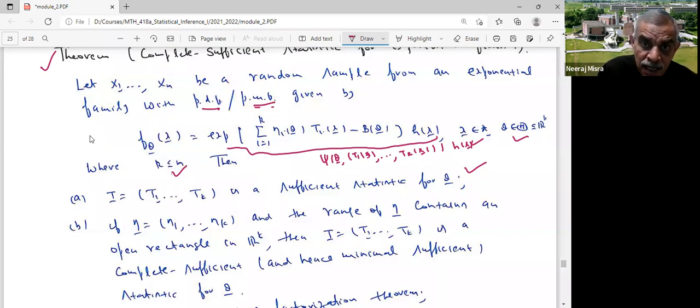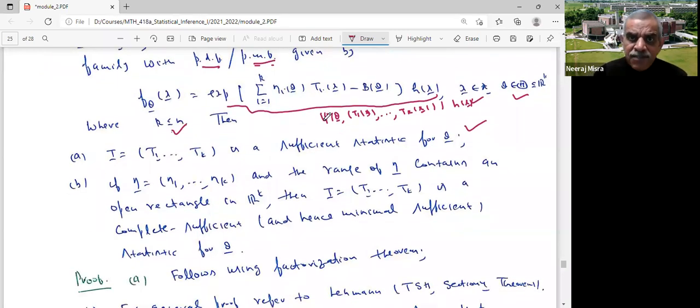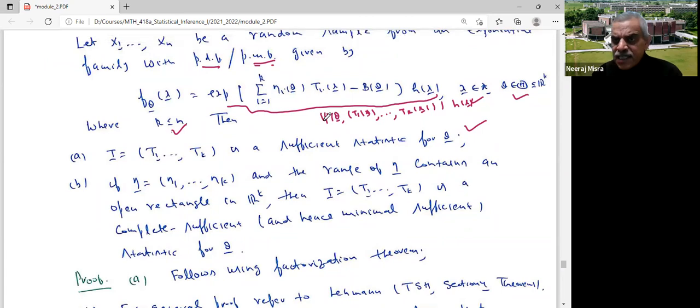Or in other words, their range should contain an open rectangle of Rk, which is a k-dimensional Euclidean space, and k is the number of terms you have in the exponent. Then T1, T2, ..., Tk would also be complete. Very nice result.